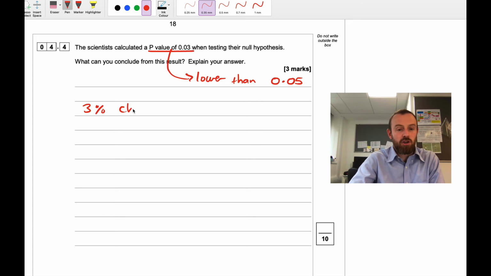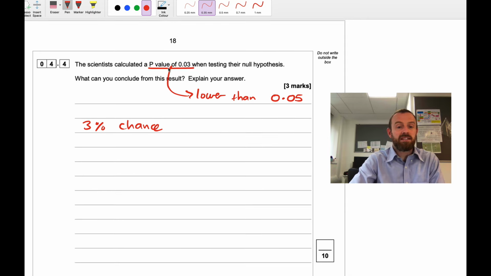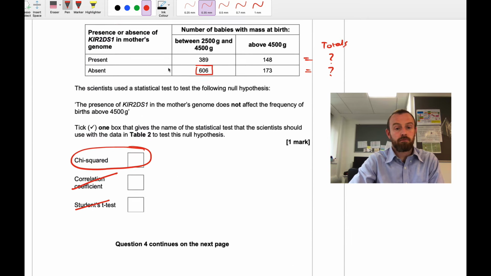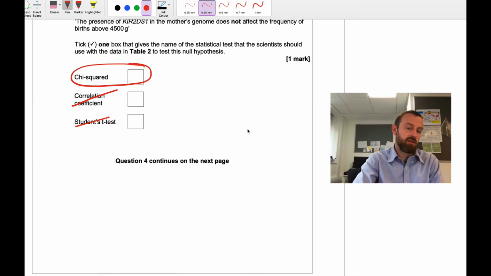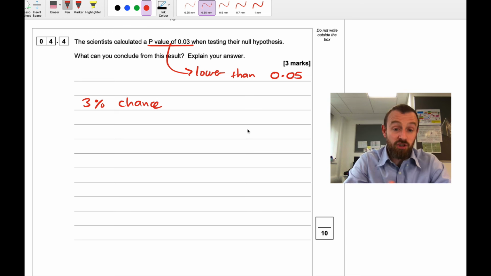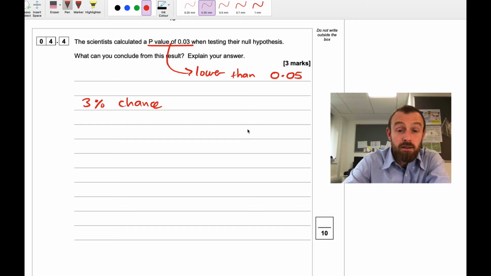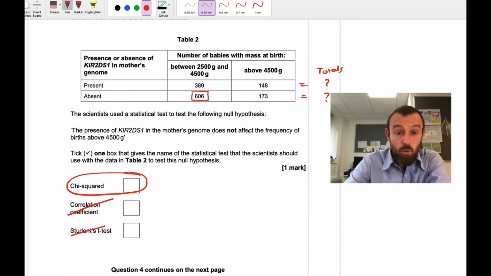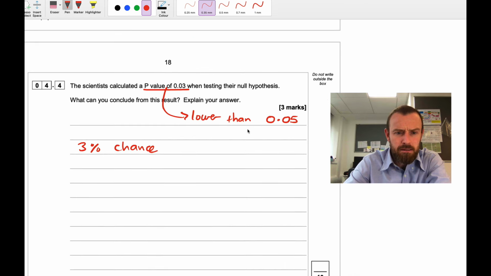There's a 3% probability that the difference is due to chance. So therefore, we reject the null hypothesis, and we accept the hypothesis that the presence of this allele does affect whether the baby has an extreme birth mass.